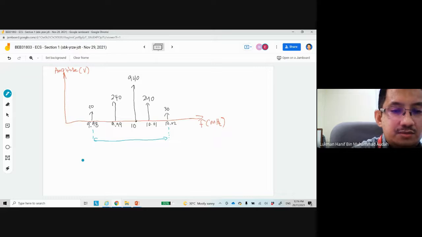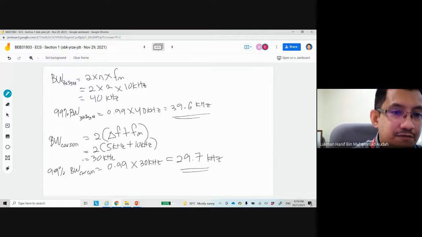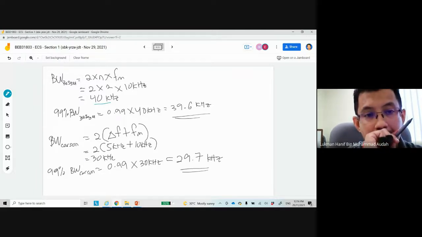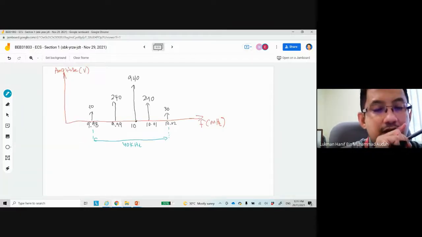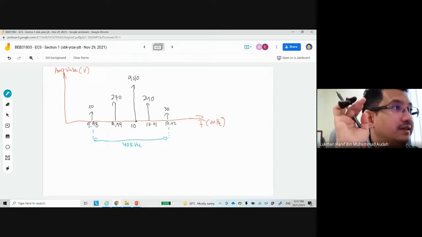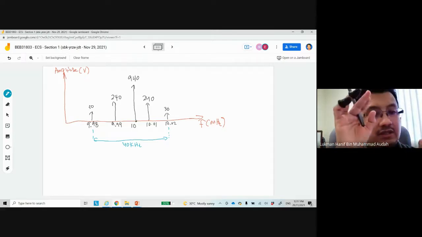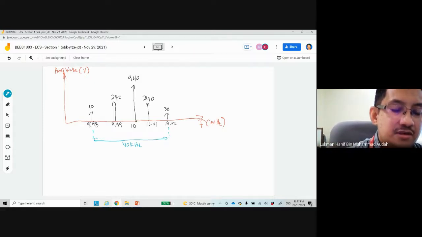If you look here, actually its bandwidth is 40K. 40 kHz originally. This is the same as what we got in Bessel, 40K. Okay. However, the question said that we have to limit the bandwidth up to 99%. That means the bandwidth now is 39.6.